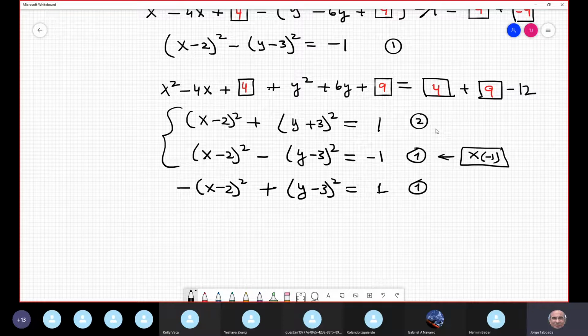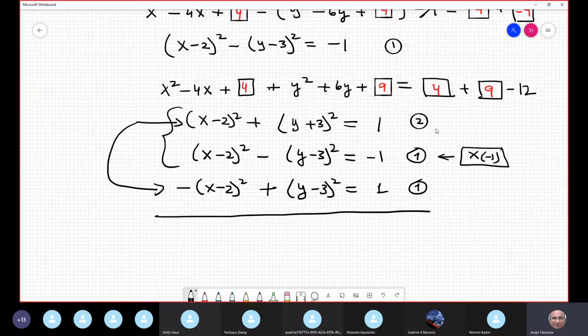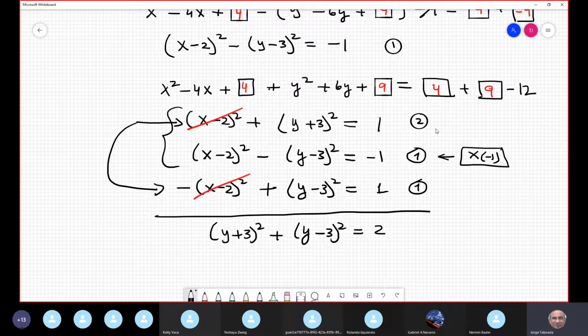If you put together 1 and 2, so this and this, it's ready for elimination. This part disappears. And we have so far y plus 3 squared plus y minus 3 squared equal to 2, because 1 plus 1 is 2.